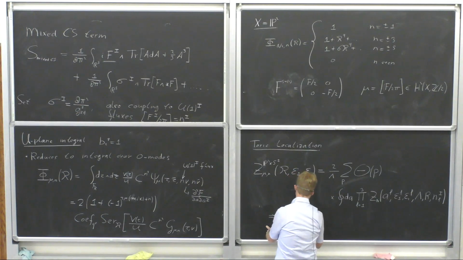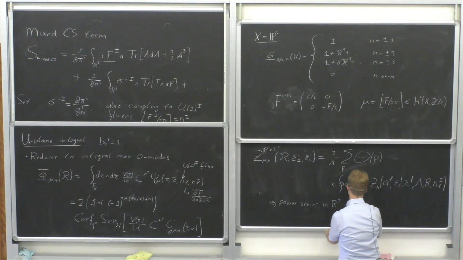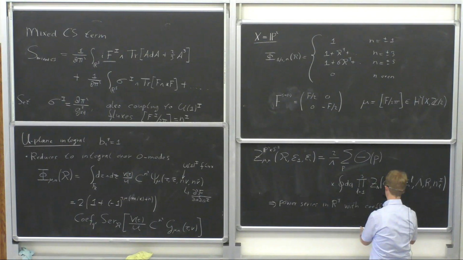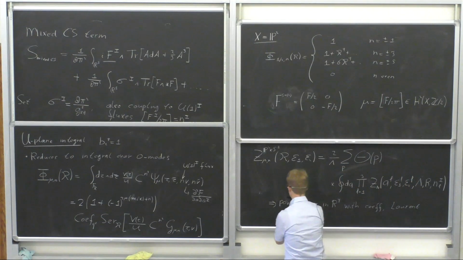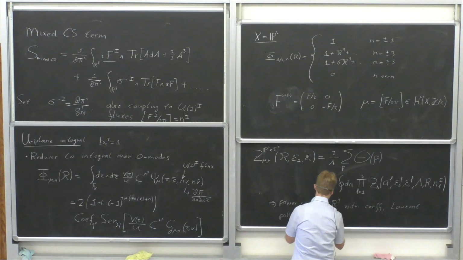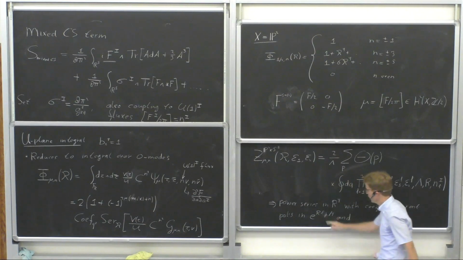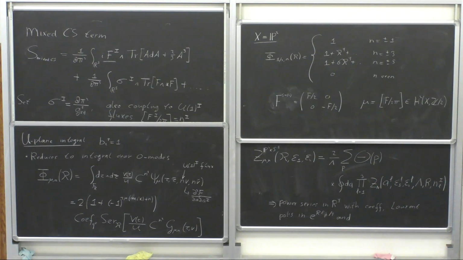You get power series in R to the 4, with coefficients Laurent polynomials in e to the R epsilon 1 over 4 and e to the R epsilon j divided by 4. Okay, so you have to get the epsilon refinement of the result above.